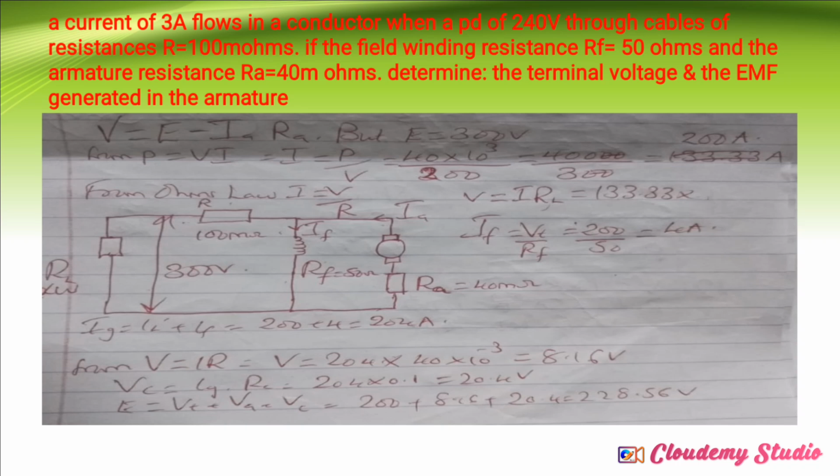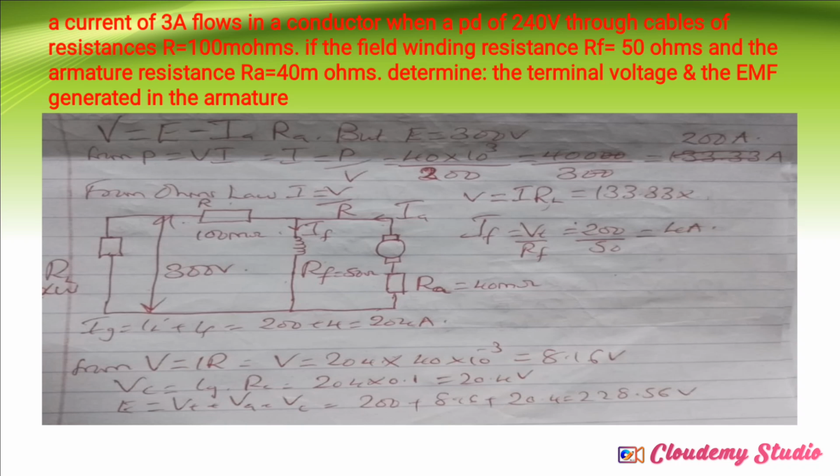In order to get the EMF, not the terminal voltage, it will be 200 plus 8.16 plus 20.4, which is equivalent to 228.56 volts. So if you look at that, the formula V equals IR is like calculating the voltage drop.